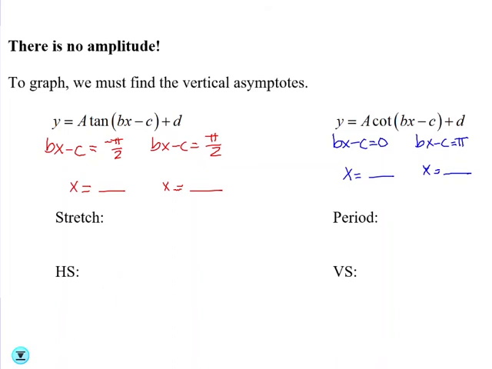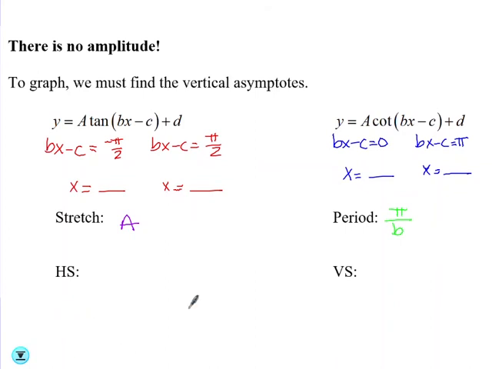Now, we are still going to talk about stretching the function, which is determined by our a value. The period is going to be determined the same way that we figured it out for sine and cosine, but since the period for cotangent and tangent is just pi, the period is going to be pi divided by b.